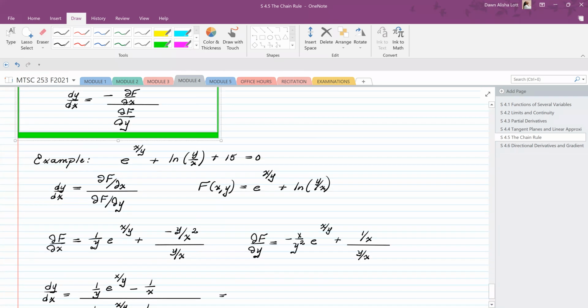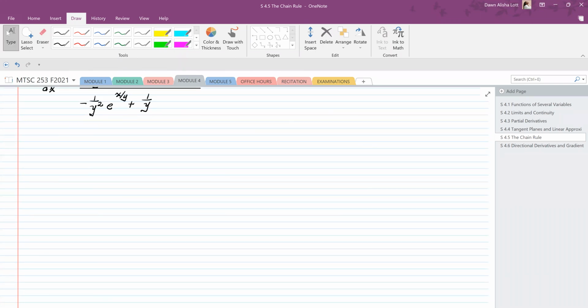Now, okay, so lastly, suppose you have f of x, y, and z such that z is a function of x, y.